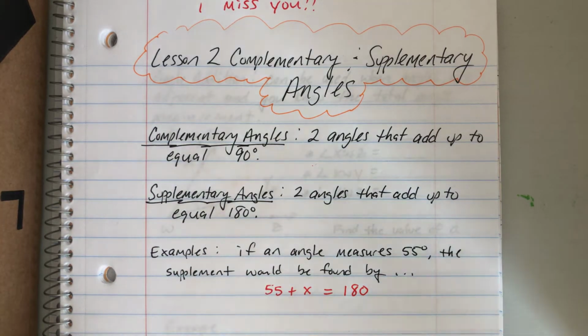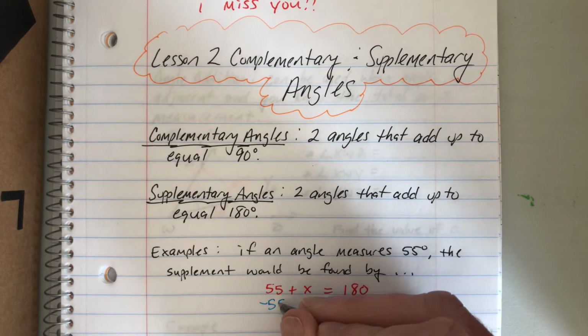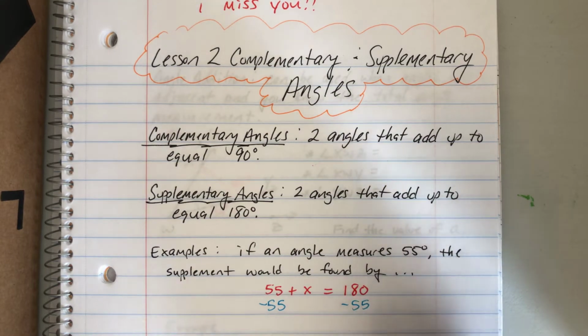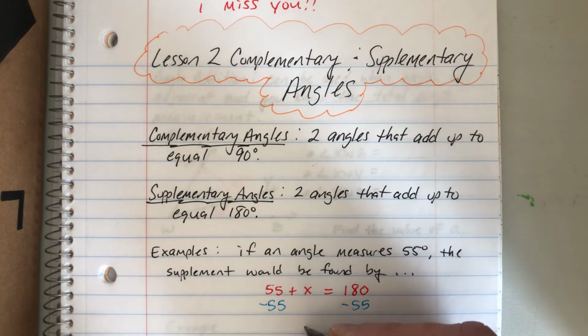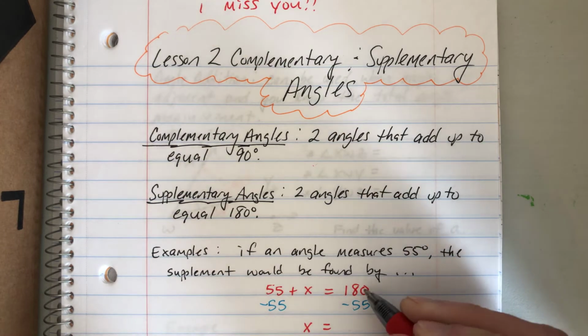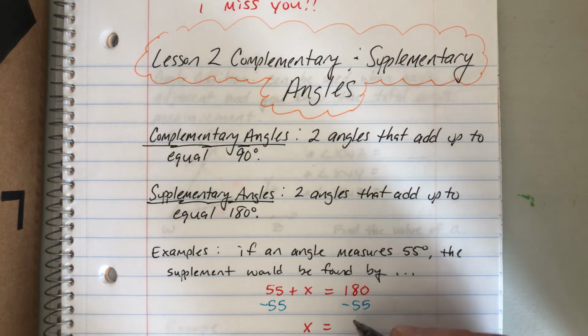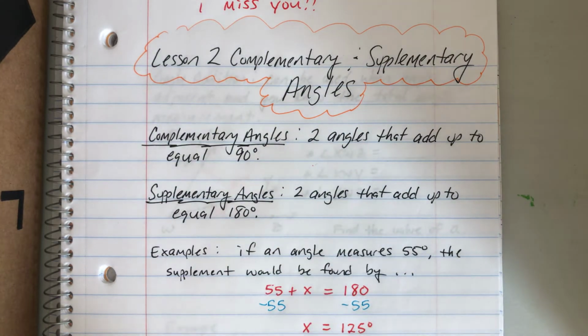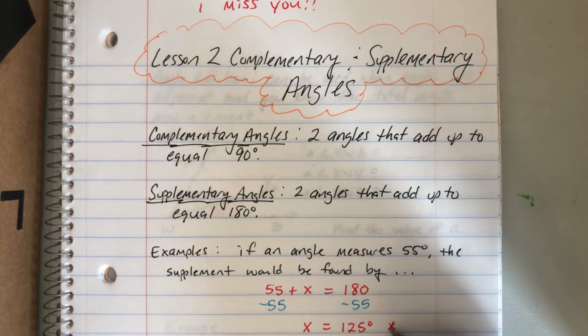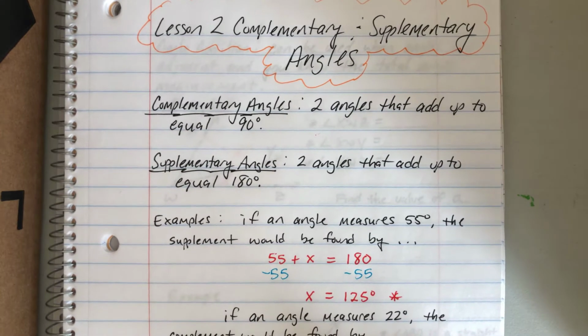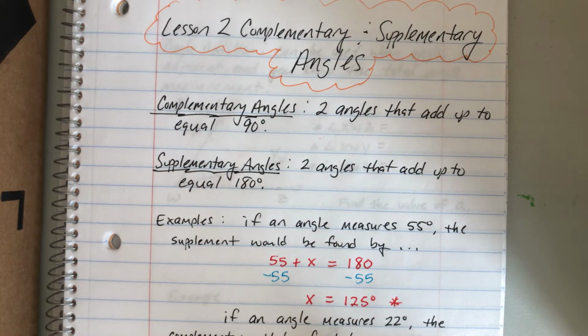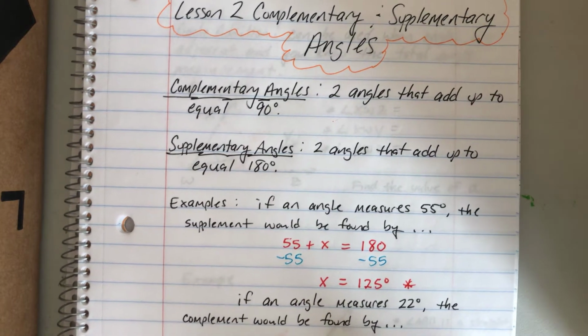And when solving this one-step equation, we could subtract 55 on both sides to find that the supplement x is going to equal whatever 180 minus 55 is, which I believe, my mind just went blank, is 125 degrees. All right, because 125 plus 55 add up to equal 180. They are supplements of one another.